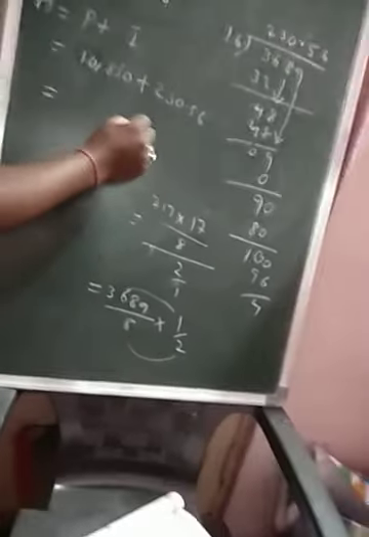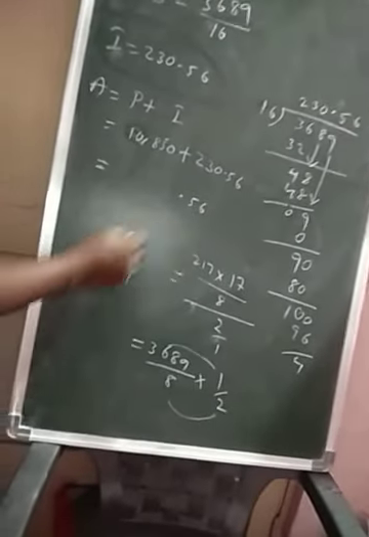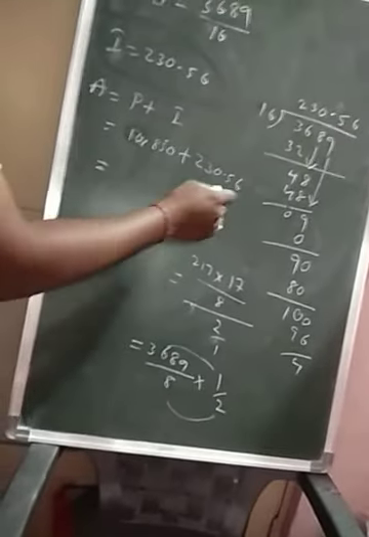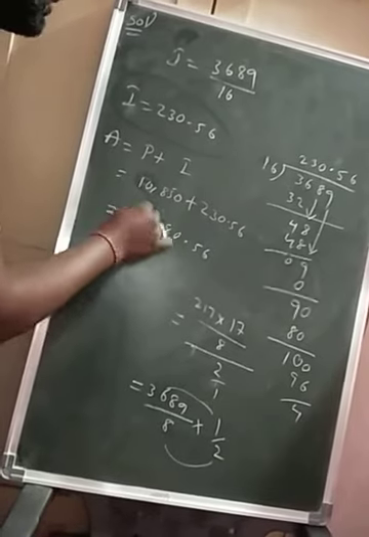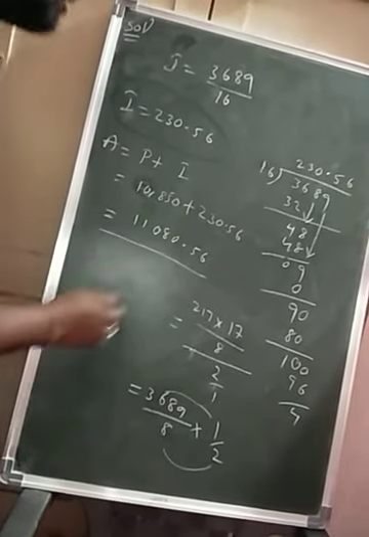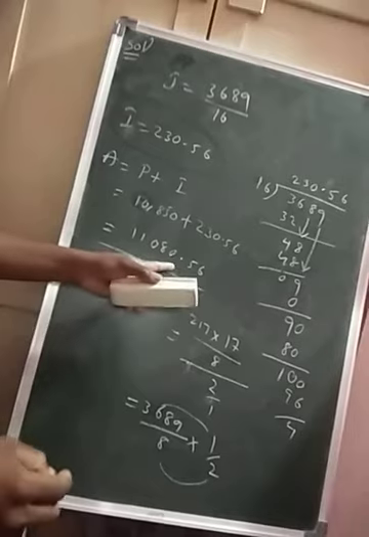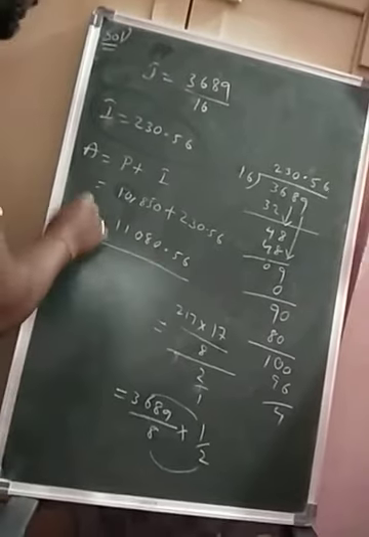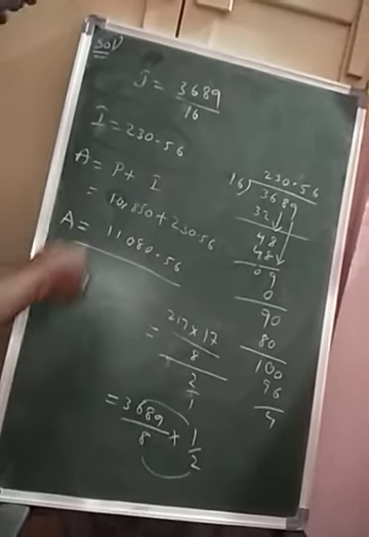Then adding, what do we get? 6, 5 plus 3 is 8, 8 plus 2 is 10. So that is 11,080.56. We are getting amount is equal to 11,080.56.